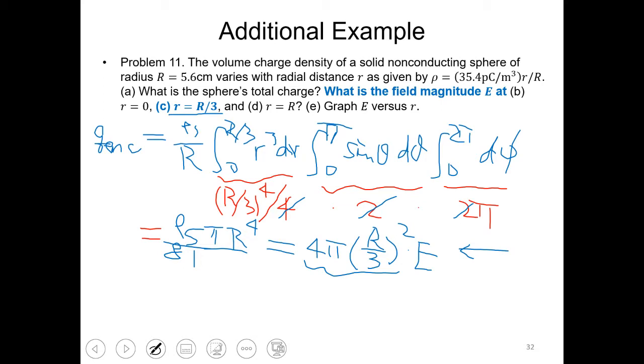Finally, the answer will be E equals rho S over 36 epsilon naught times R, for r smaller than capital R.